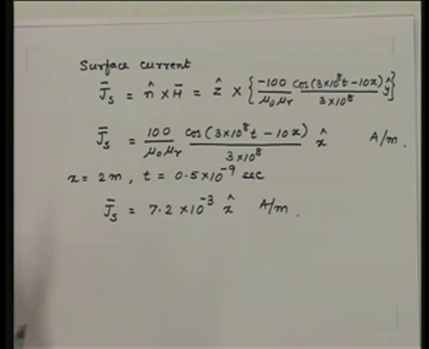So, for the time varying cases, one can specify either the electric field or the magnetic field near the conducting boundaries or dielectric boundaries, and then by applying the same physical laws in the integral form and applying the boundary conditions, we can get the quantities on the surface.